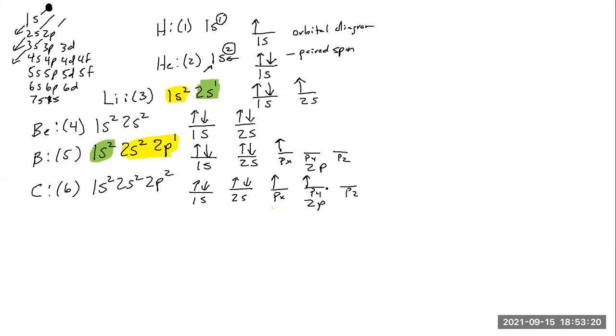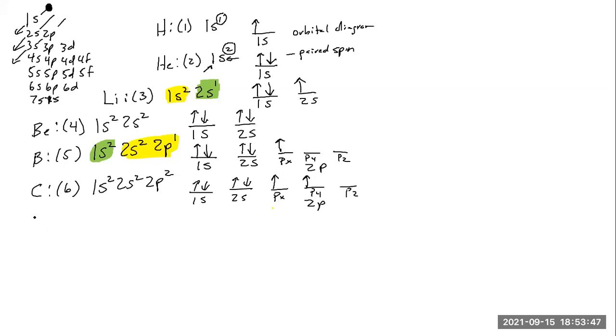So when you have a subshell that has multiple individual orbitals, the electron always goes in up to the first one, up to the second one, up to the third one. And if that's the p orbitals, then it goes back down, down, and down. That's just a rule, not too important for us, but that's how they fill it. I just want to show you what happens. And again, they go one at a time and pair up.